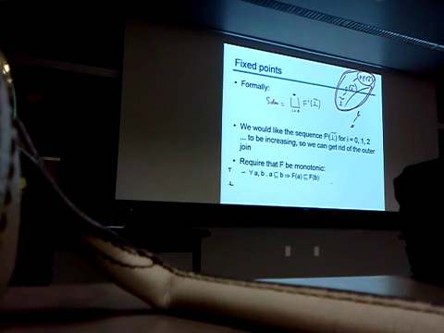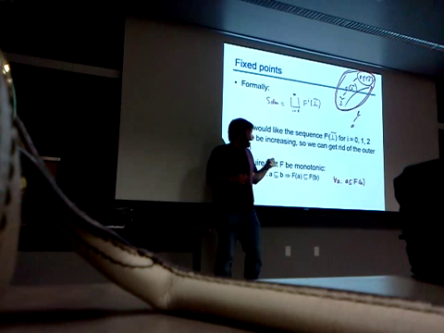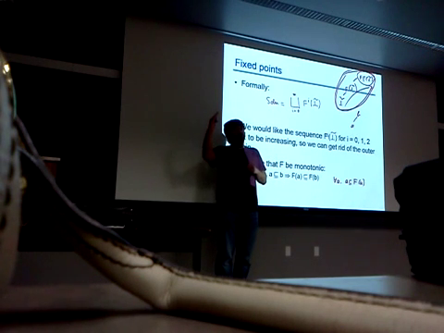And actually, I should point out a very important thing. This monotonicity is not the same as saying this. We're not saying that F of A always gives you something bigger than A. It has nothing to do with that.